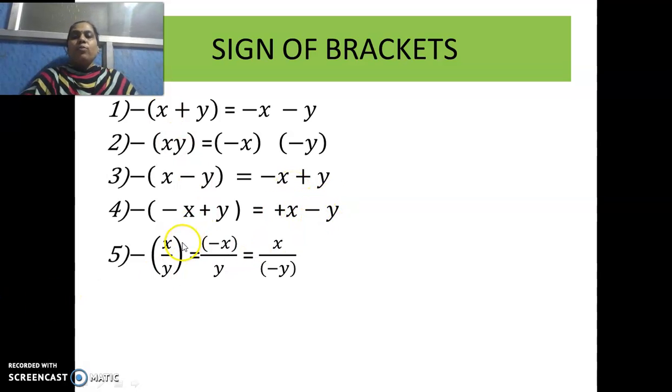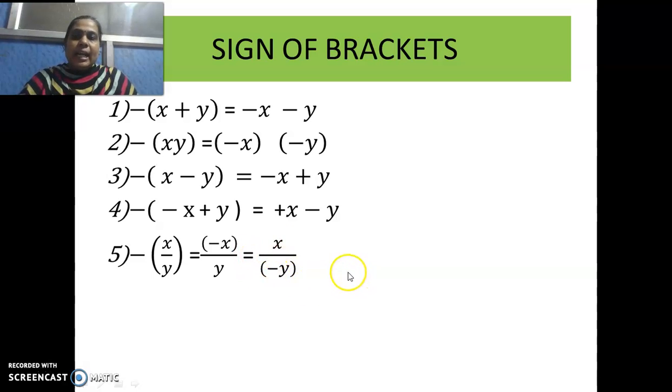Now the fourth part: if minus x plus y is in the bracket, with a negative number and a positive number and a minus sign outside, we get x minus y; minus and minus goes to plus for the y variable. Fifth one, minus x upon y is simplified as minus x upon y, which is equal to x upon minus y.